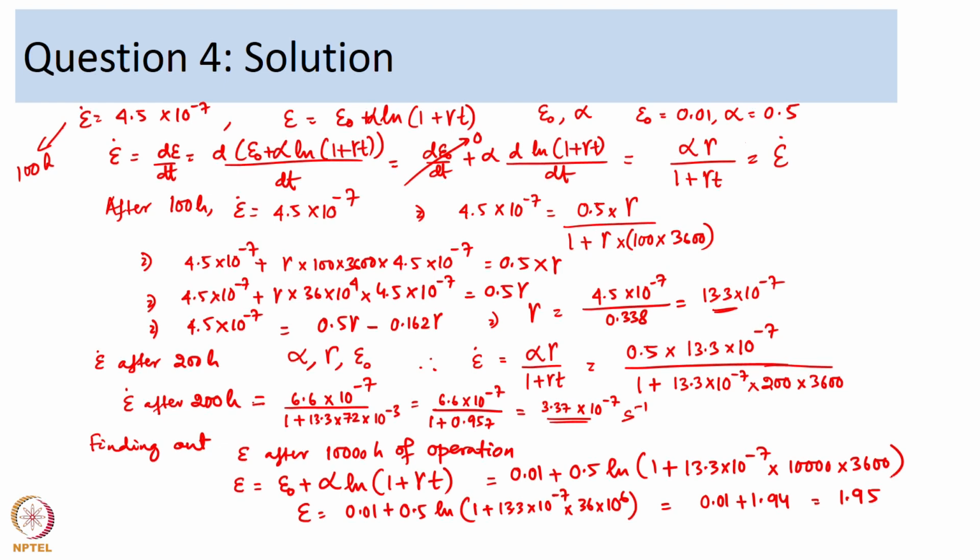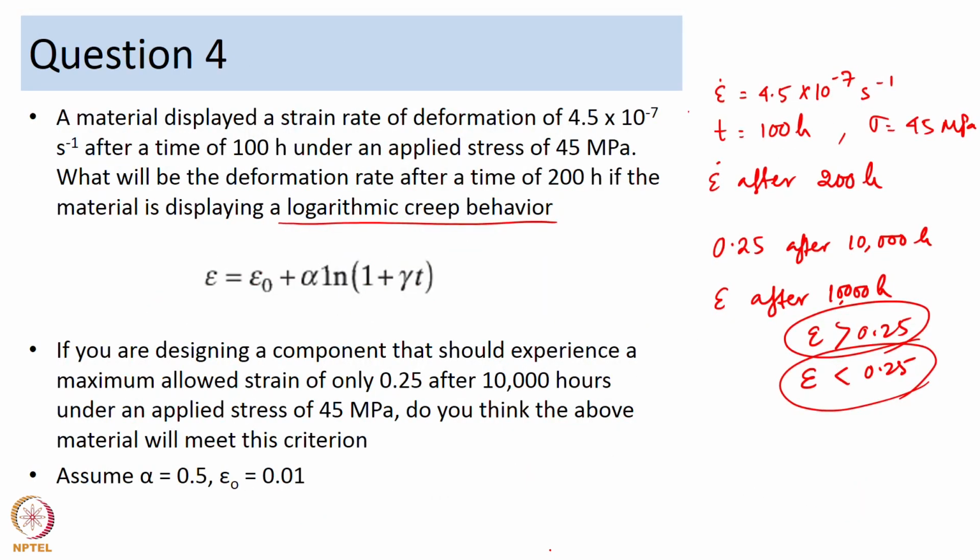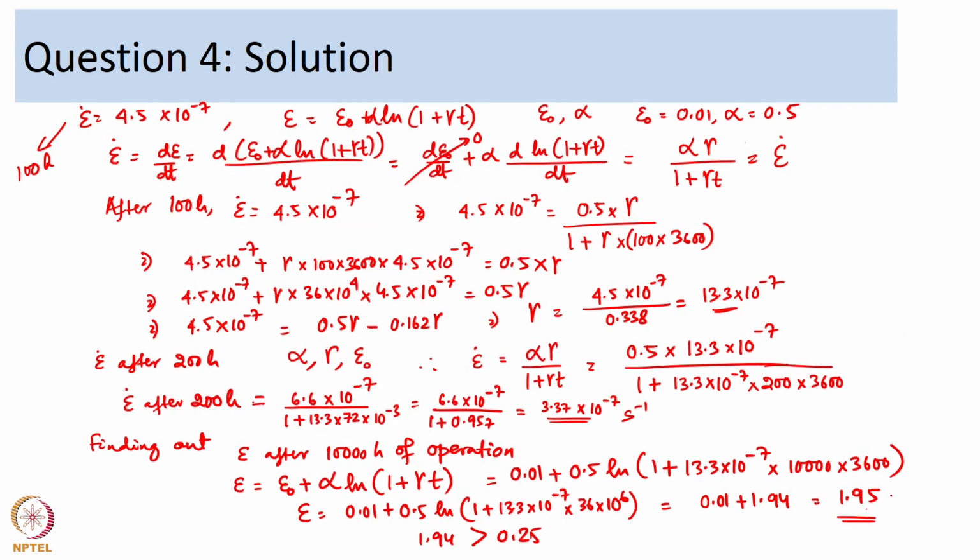So, that is a lot of plastic strain that the material is going to experience, and it is clear that this value is going to be greater than the 0.25 value that the engineer was planning on designing the component for. The maximum strain that the engineer wanted was only 0.25, but what you have found out is after 10,000 hours of operation, the material is going to experience 1.95 plastic strain.